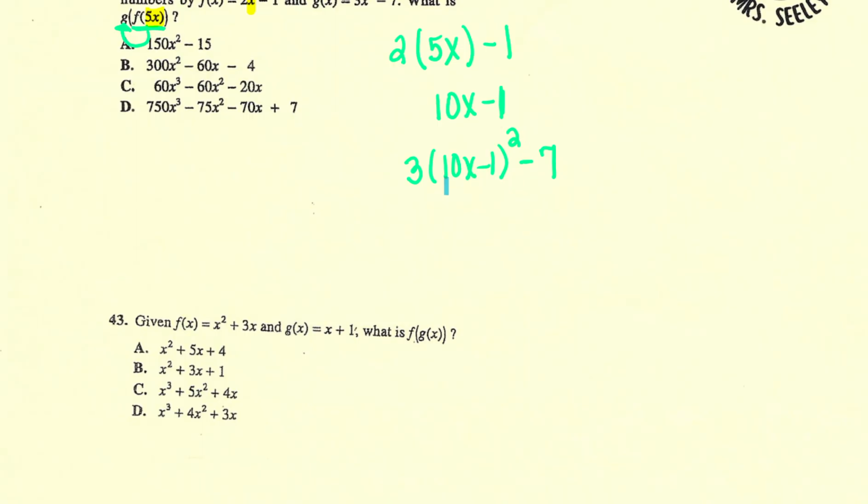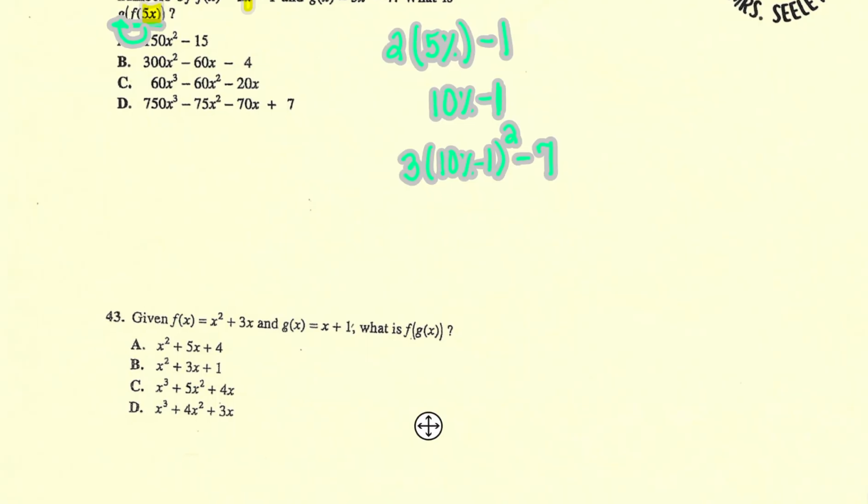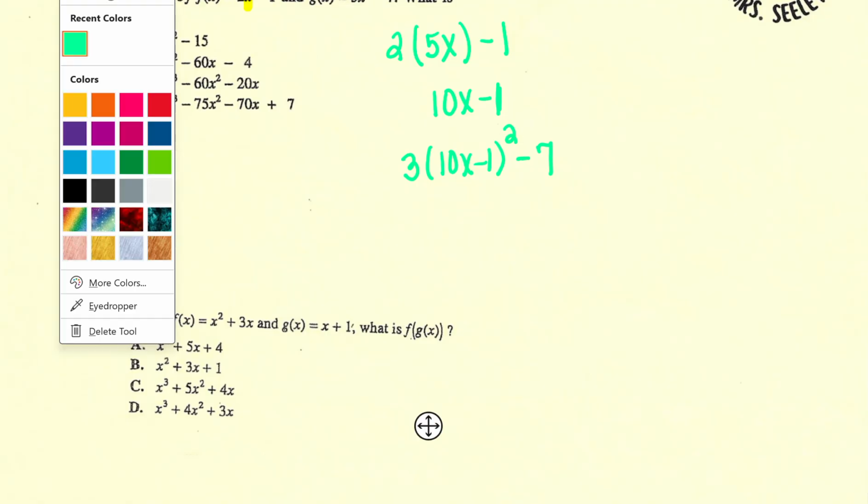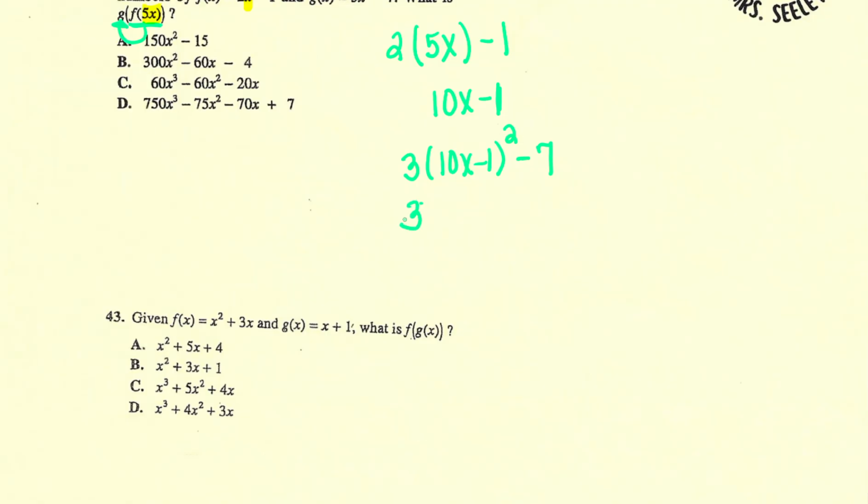When you have a quantity squared, that means that you're going to write it twice. Squared means like a twin. You have 2 of them. So I'm going to bring this 3 down. I'm going to write 10x minus 1 times 10x minus 1 minus 7.